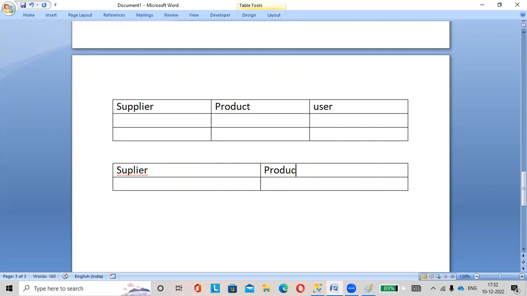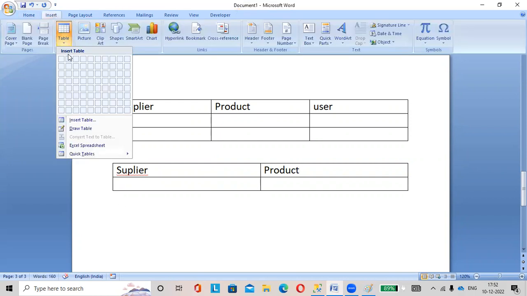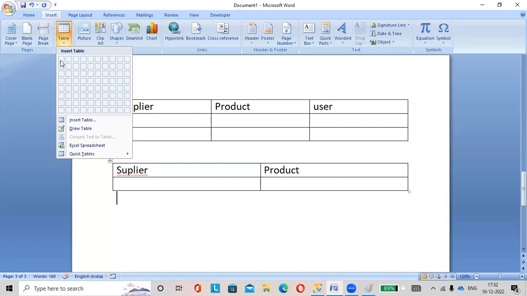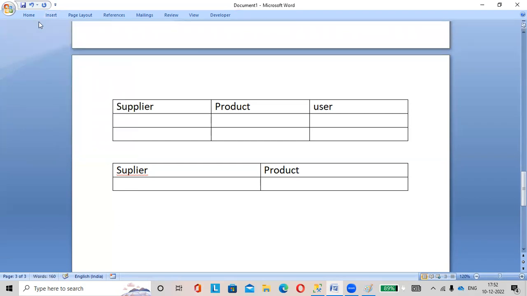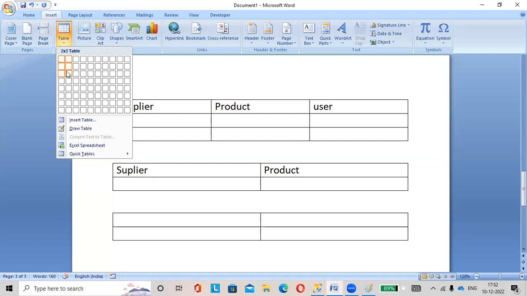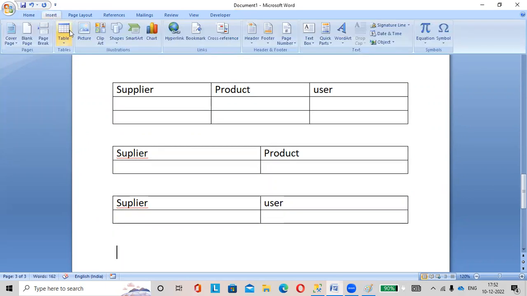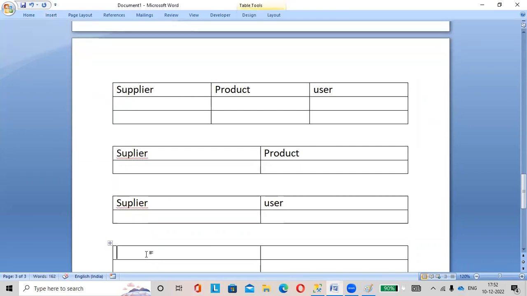The next supplier, user. Then here user, product.